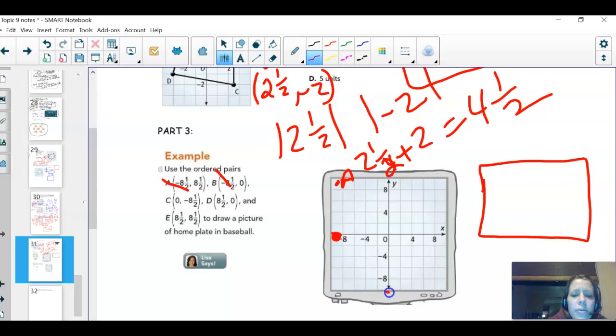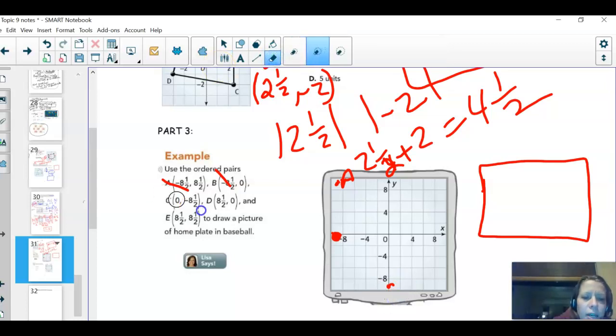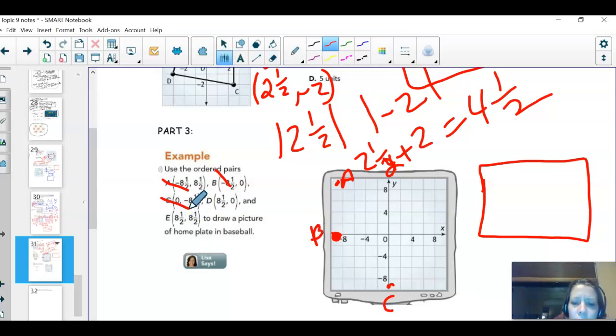But I'm going to go down, negative 8.5. Ooh, that's more like 9. Negative 8.5. That's C. And then D is 8.5, 0. And E is 8.5, 8.5. Now I'm going to connect. I'm going to make my little diamond.